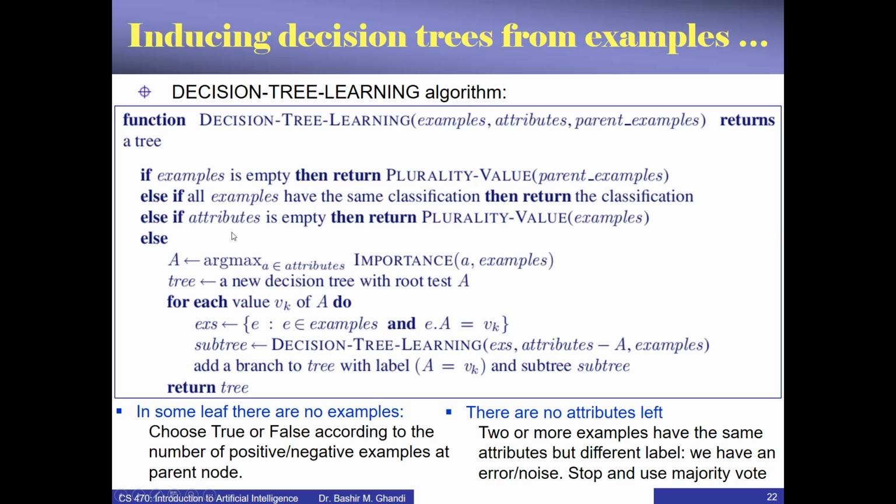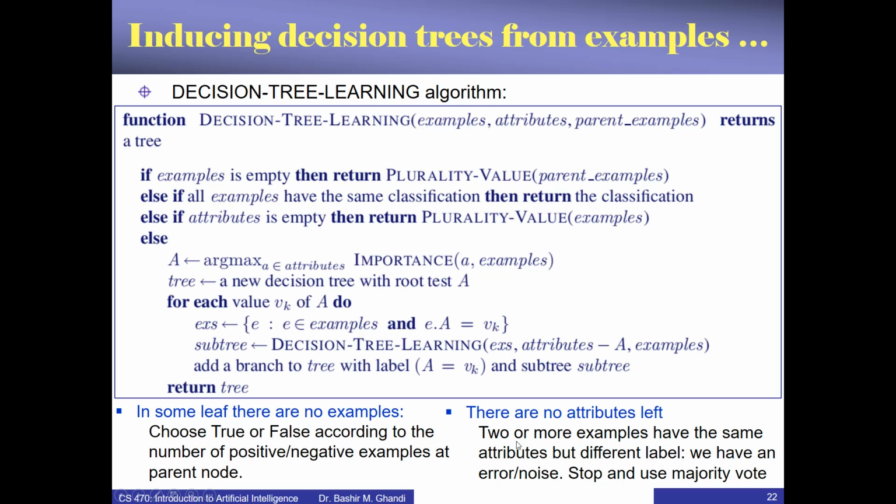Okay, and the other case is here. If attributes is empty, you still have examples to deal with, but somehow no more attributes to consider. You attempt to create a branch, but there are no more attributes to use. This actually is an indication of noise in your data. This should normally not happen, but it's possible for it to happen.